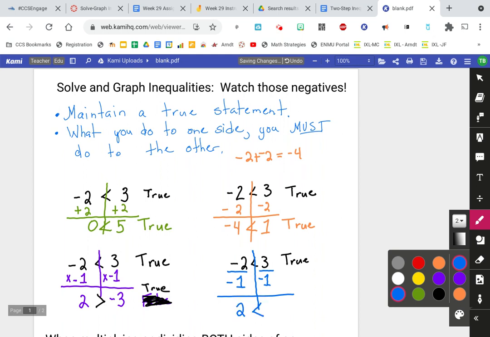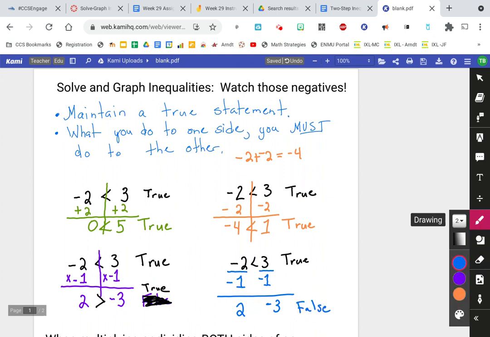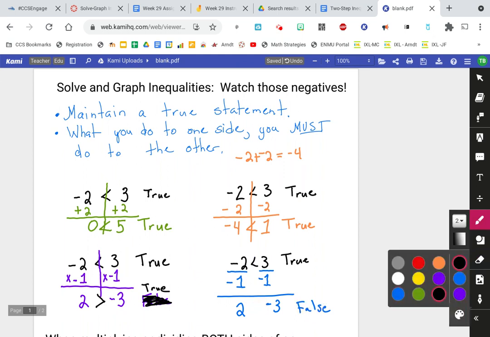And then a positive divided by negative is a negative. 3 divided by negative 1 is negative 3. And all of a sudden, I have the statement 2 is less than negative 3. Huh? That's absolutely false. And the only way we can make that true is by reversing that inequality symbol.